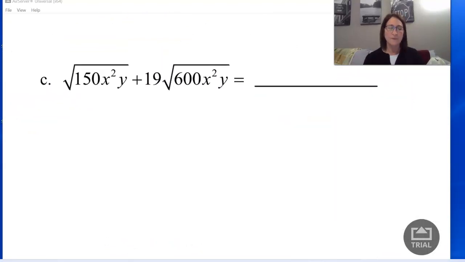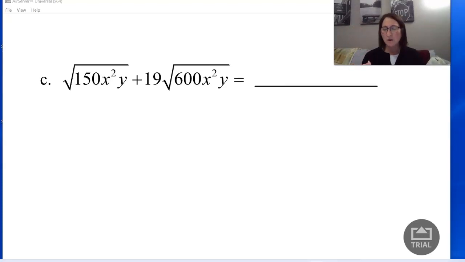Here we go. So, same thing. We're going to start by simplifying each one of those radicals. So if you look at 150 and you're like, oh my gosh, I have no idea, you need to be thinking, what numbers are perfect squares?